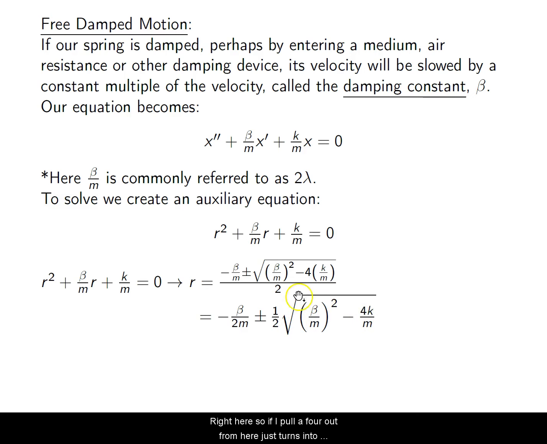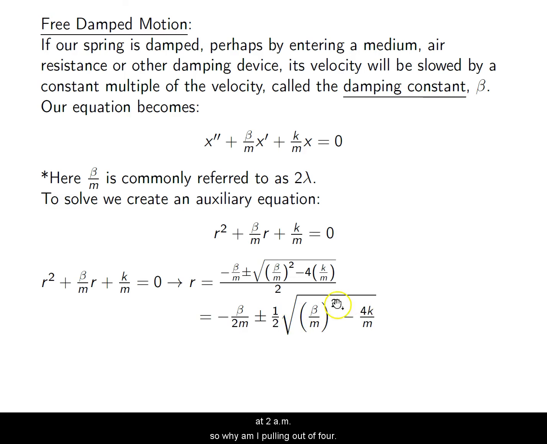So if I pull a 4 out from here, this turns into negative km, which is nice because that's a term we see here. If I pull out a 4, it means I have to have a 4 on the bottom. And then the square root of 4 is 2. So that when I multiply this in, it actually turns into a 4m, right? But inside of this, it'll be a 2m.